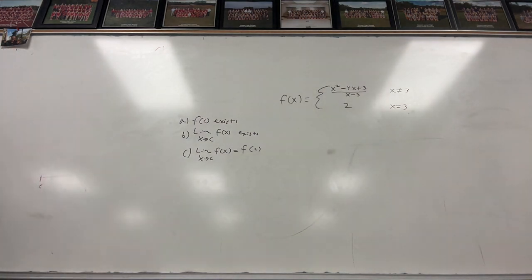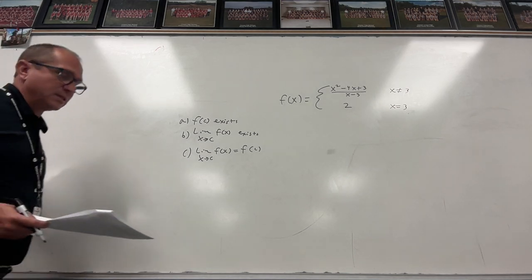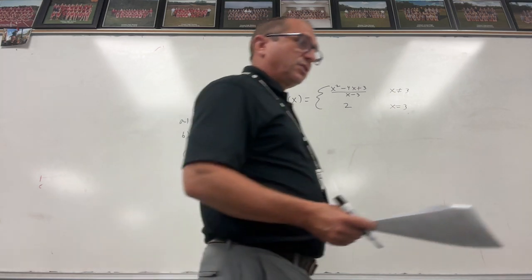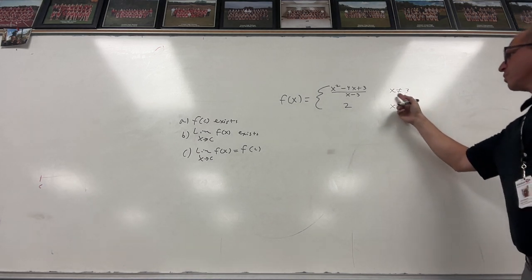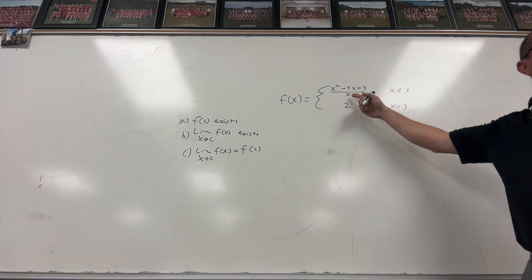All right, so we'll start off here. Now, if you think about this function, if I did not give you this as a piecewise function to begin with, and I just asked you about x equaling 3, you see that this is not defined at 3.